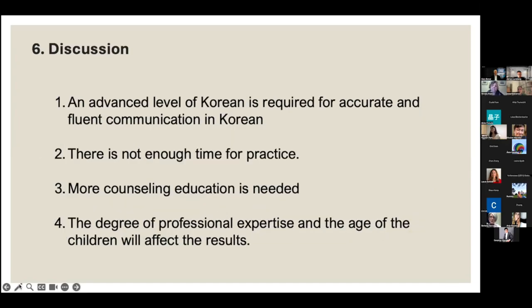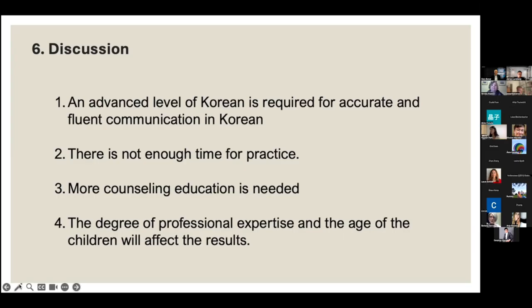The discussion touched on 4 points. First, an advanced level of Korean is required for accurate and fluent communication in Korean. Second, there is not enough time for practice. Third, more counseling education is needed. Fourth is about methodology.